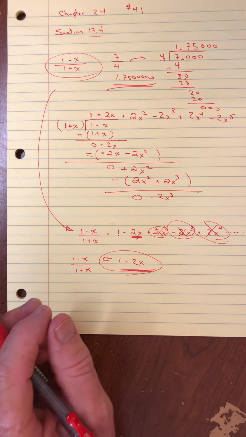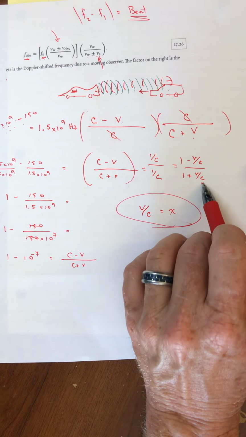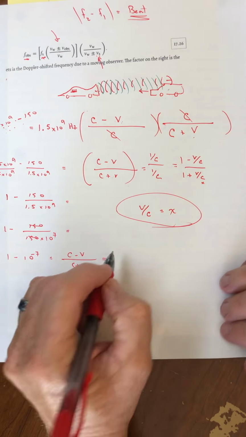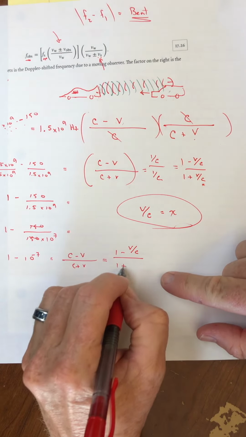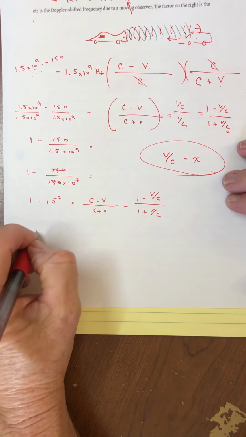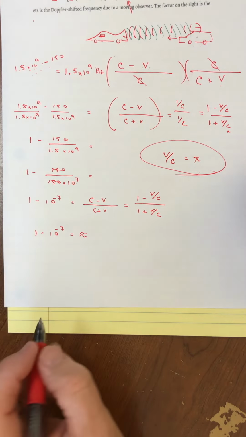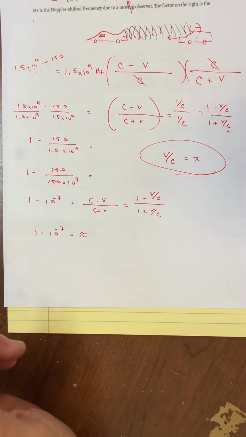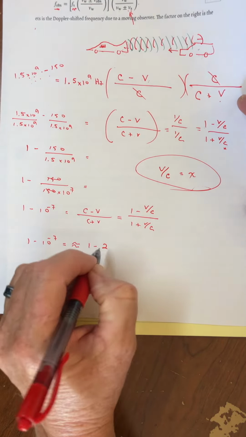And coming back to this problem then, that's essentially what we have right here, which I could replace down here. 1 minus a little bit over 1 plus a little bit. And so your author is going to say this 1 minus a little bit is approximately, and that's the symbol with the little squiggly lines, equal to 1 minus 2 times that little bit.